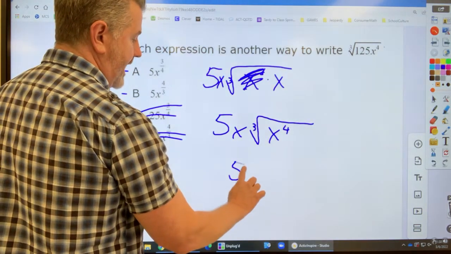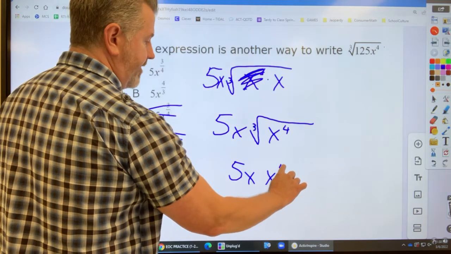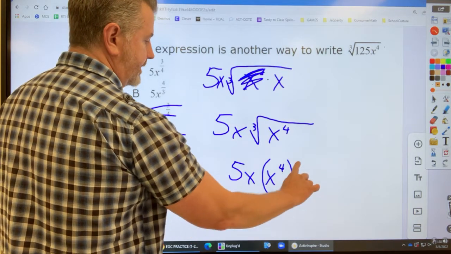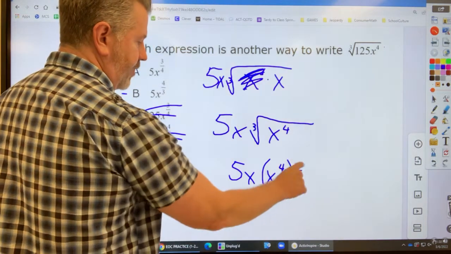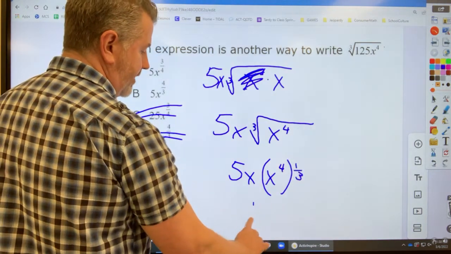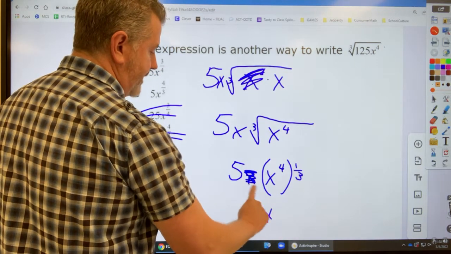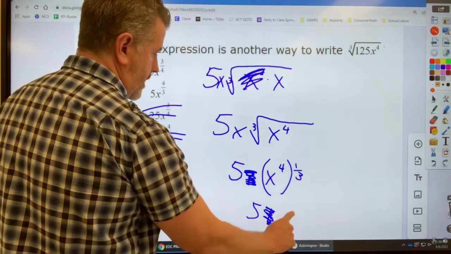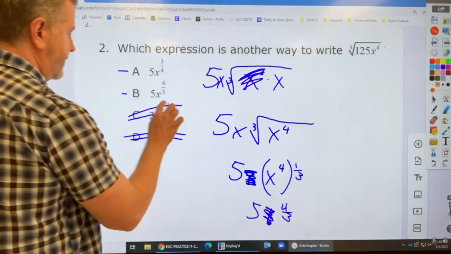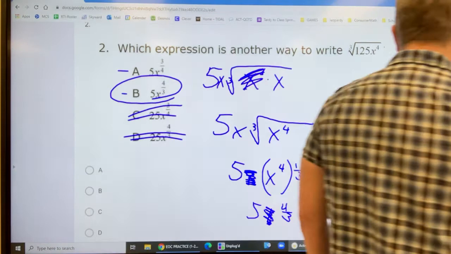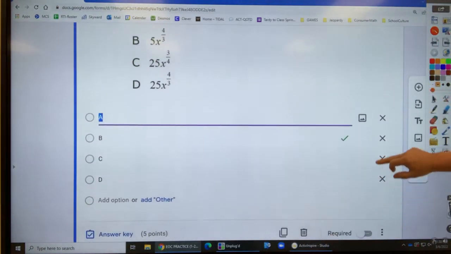So I'm going to rewrite the cube root as a 1/3 power. It's only applied to the x because the x to the 4th is the only thing under there. My final answer would be 5x. Uh-oh, I don't have the x out there anymore. 5x to the 4/3 power. So I'm going to go with B on that one. Let's double check that answer just to make sure. Yep, there it is, B.